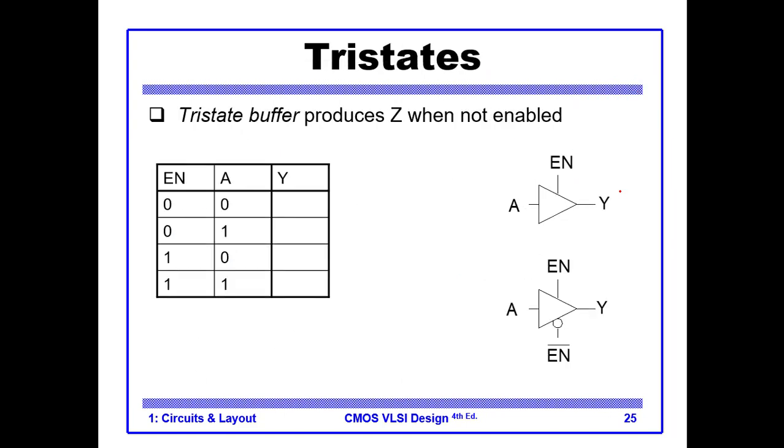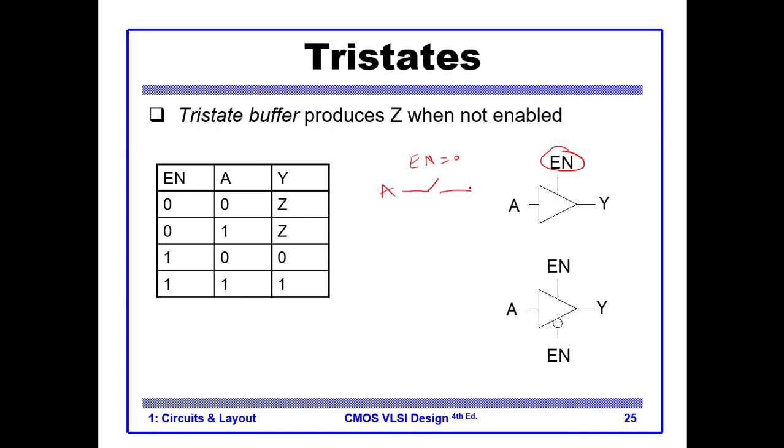Now we come to the other combinational gate, which is called tri-state buffer. So what is a tri-state buffer? A tri-state buffer is like a buffer, but it has a control input, that is enable. So when the enable is 0, for example, for this tri-state buffer, it is open.